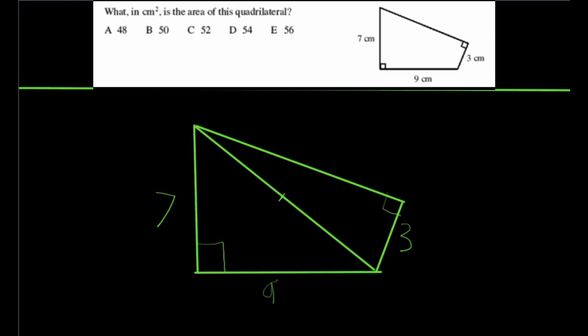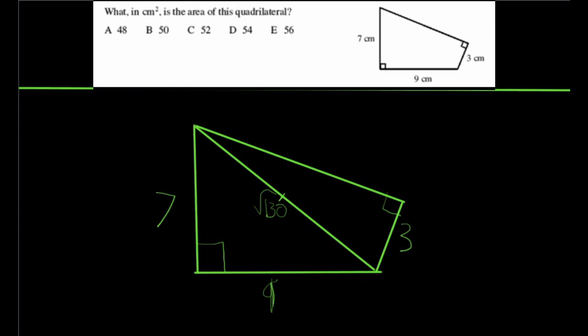So this side here will be 7 squared plus 9 squared, which is 130, and then we're going to have to square root that. So this length here is the square root of 130.